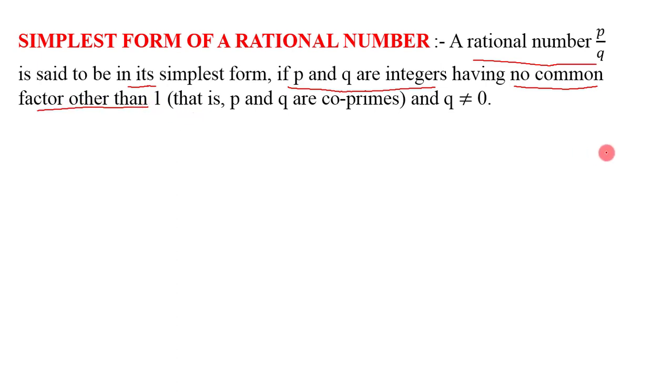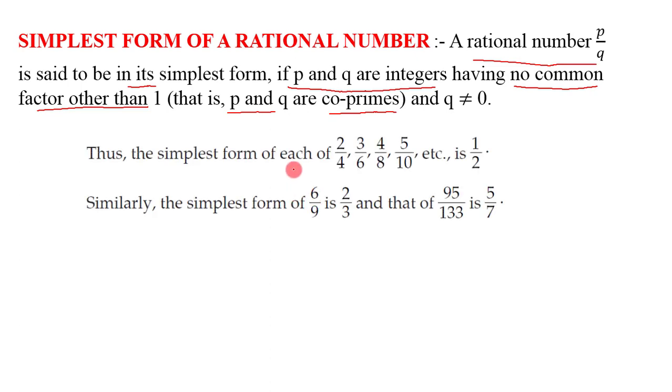That means if a rational number is given to us in p by q form, it is said to be in simplest form when p and q do not have any common factors. If two numbers do not have any common factors, then the two numbers are said to be co-prime. Let us see what is the difference between the normal form and the simplest form.